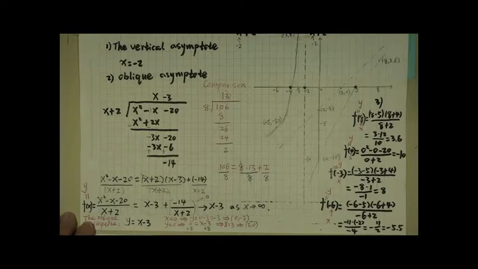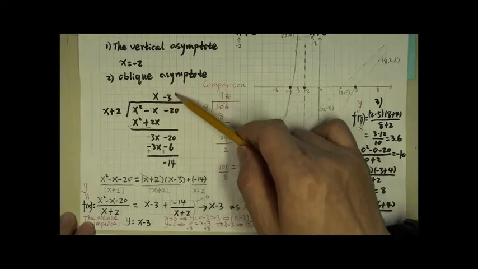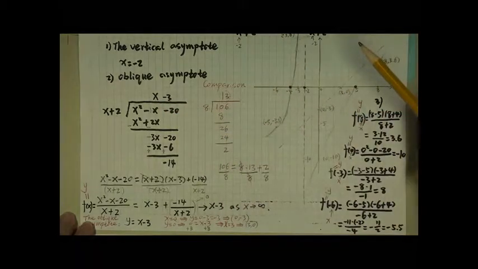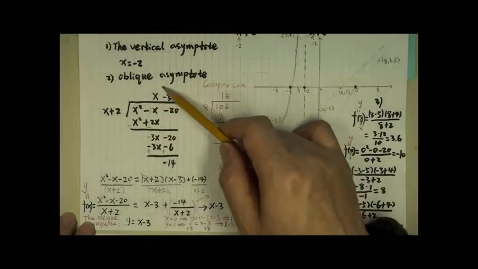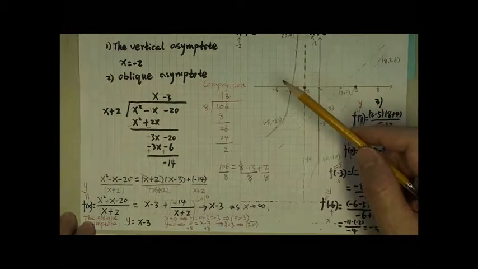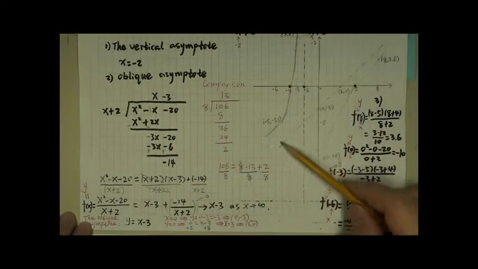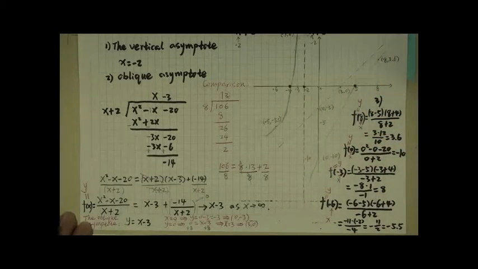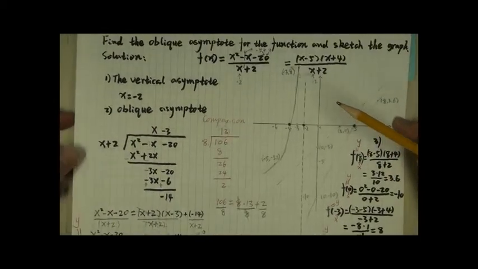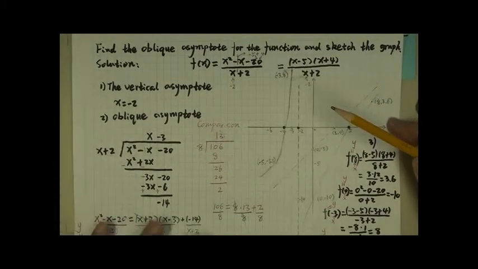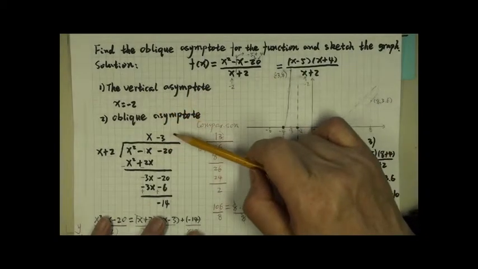So basically you find the oblique asymptote by division. You can also use synthetic division. Right here I use long division. After you find the oblique asymptote, you sketch it, find 2 points like that. So for the rational function, the most important thing is that you need to find the vertical asymptote and horizontal asymptote.